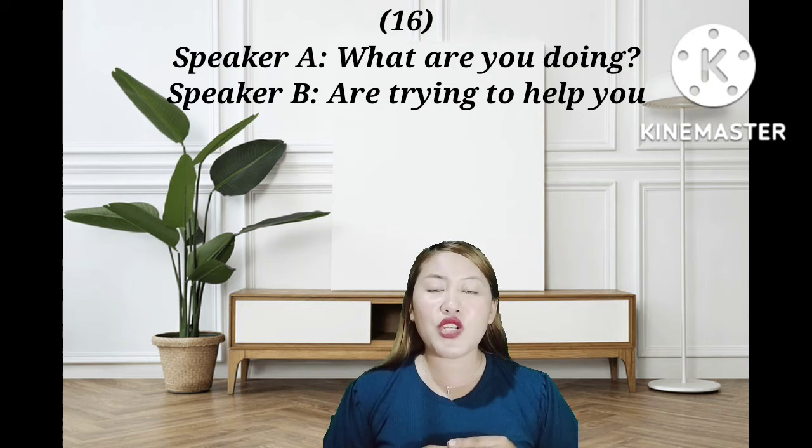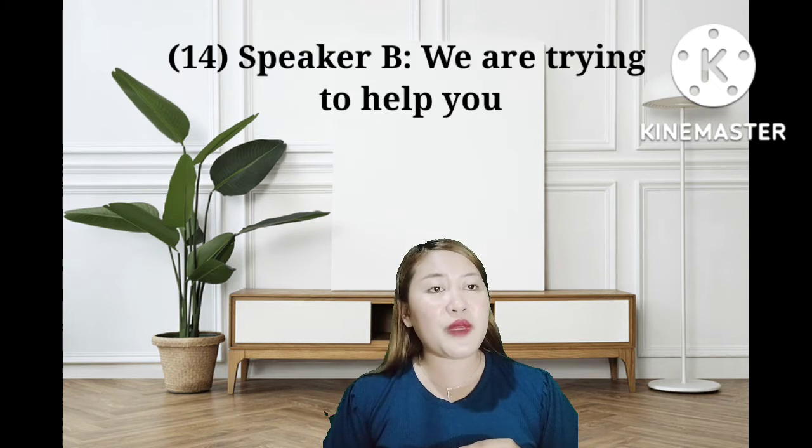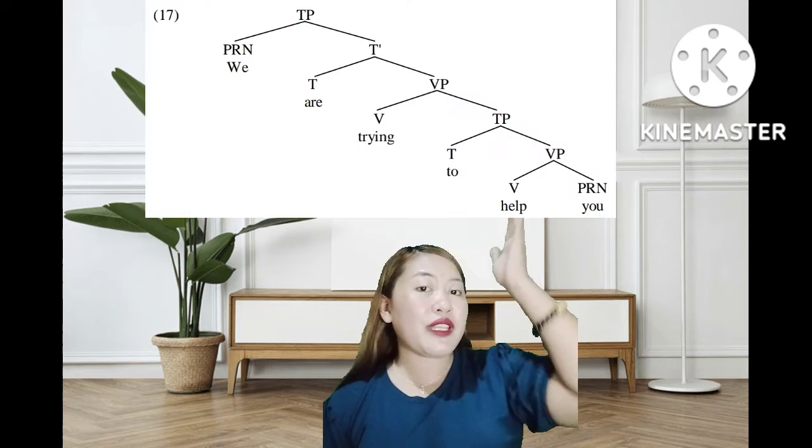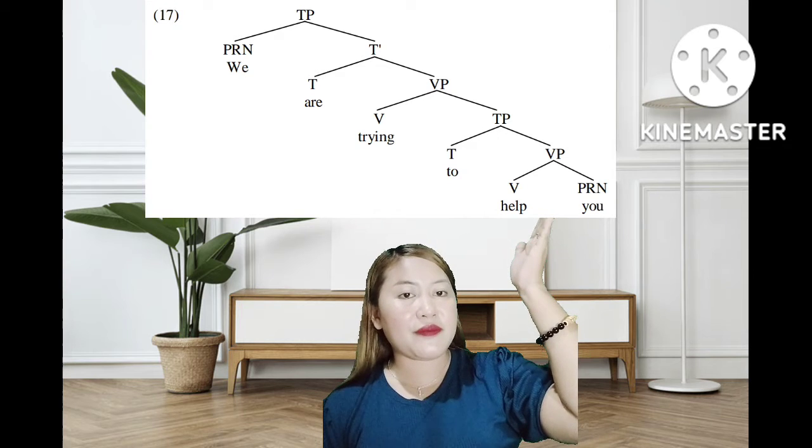Given this assumption, the italicized clause in Dialogue 14 of Speaker B, which states, we are trying to help you, will have the structure in the tree diagram of 17.